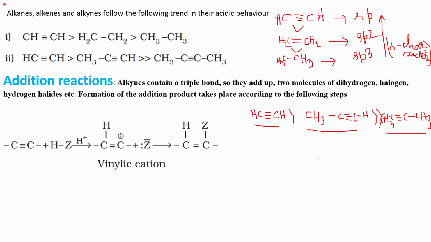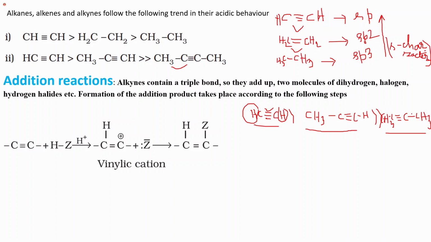So when we go from acetylene to 1-propyne to the next alkyne, the acidic character of the alkyne decreases because there is no such acidic proton left. Acetylene is the most acidic because it has two acidic protons. Now 1-propyne has only one CH proton, so it is less acidic compared to acetylene. Now the third one has two CH3 groups, that is this example.